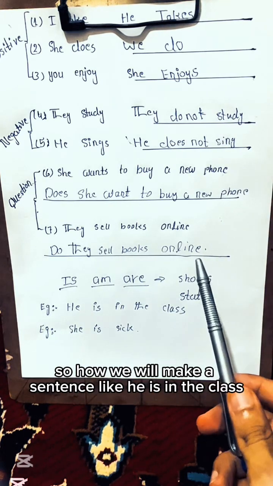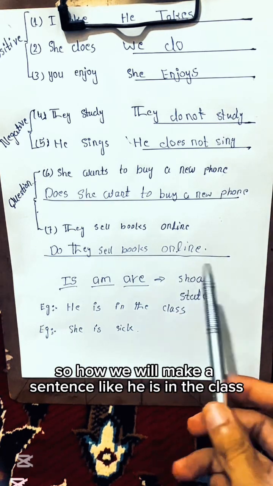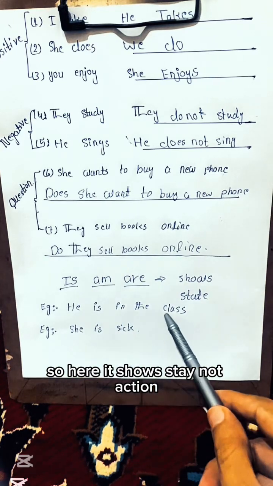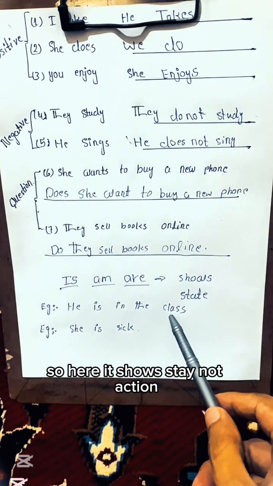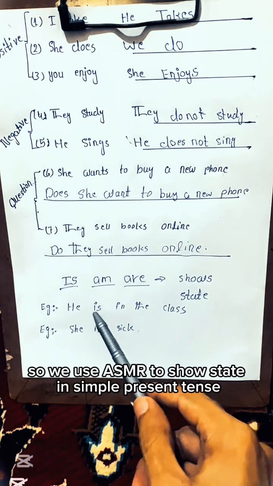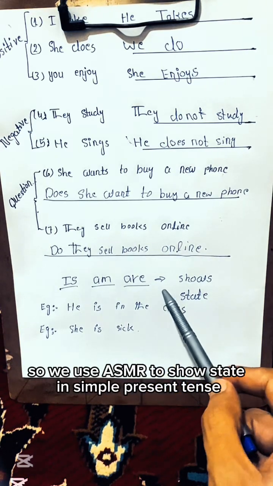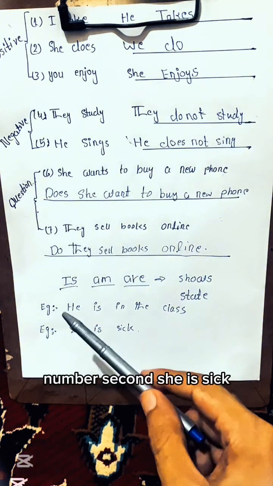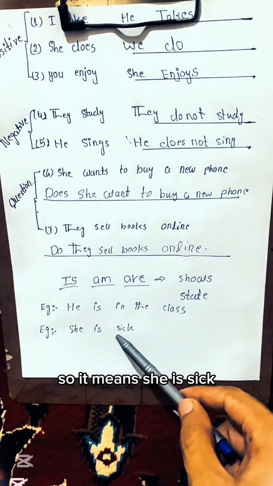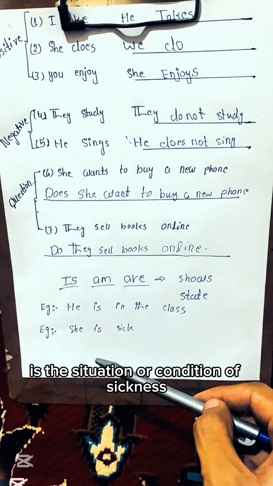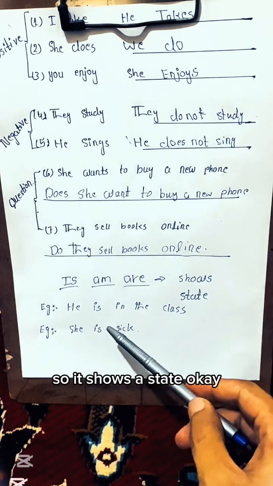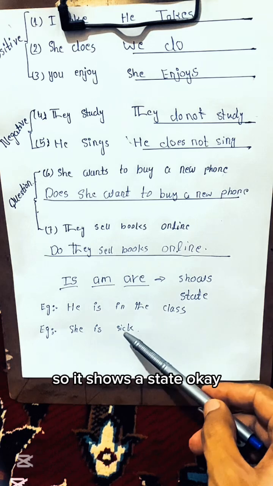So how will we make a sentence like he is in the class? Here it shows state, not action. So we use SMR to show state in simple present tense. Number second, she is sick. It means she is sick is the situation or condition of sickness. So it shows a state.